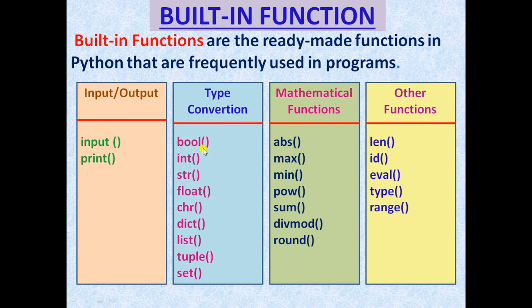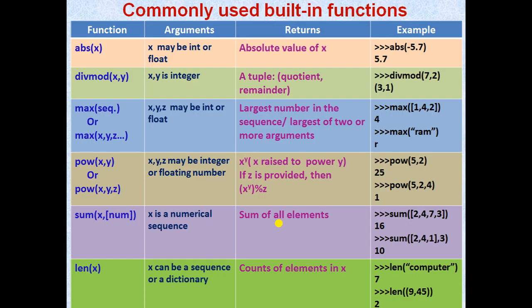These convert a specific type of value into a different type. There are several mathematical functions also that are predefined and we can use for several purposes. There are several specific functions also defined which can be used for different purposes. Now let us discuss several commonly used built-in functions in Python.